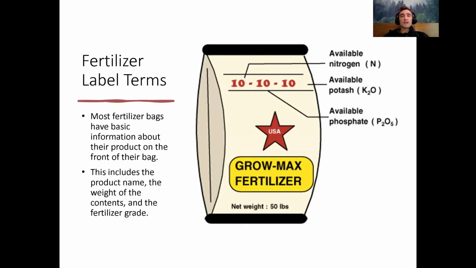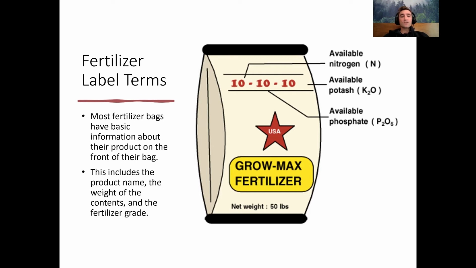So when we look at a typical fertilizer bag or any type of container that holds fertilizer, this could be organic or inorganic. There's a few things we need to be able to recognize in order to understand what's happening here. So there's basic information that you should always be looking out for, and it's the law that this information is printed on the package.